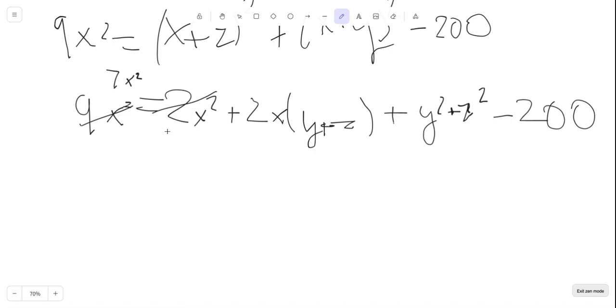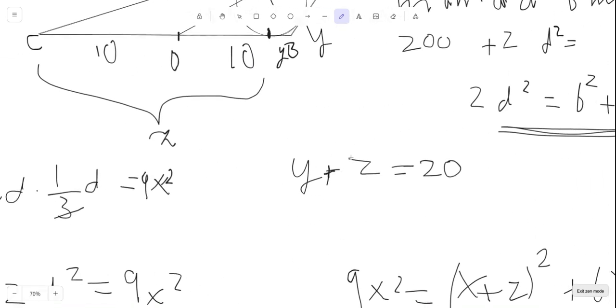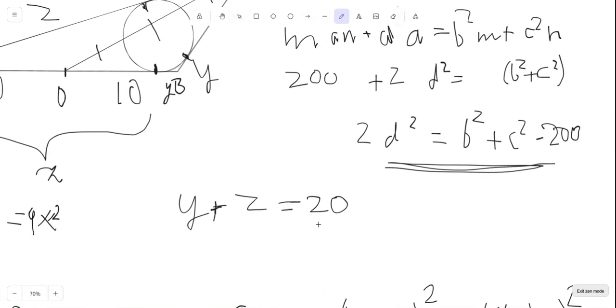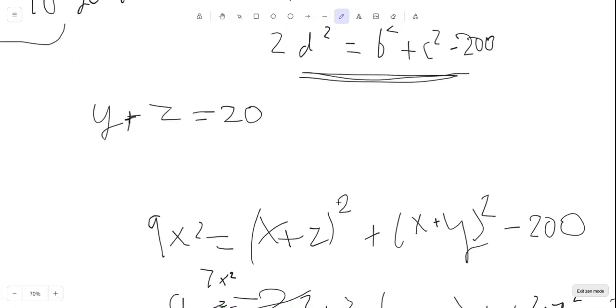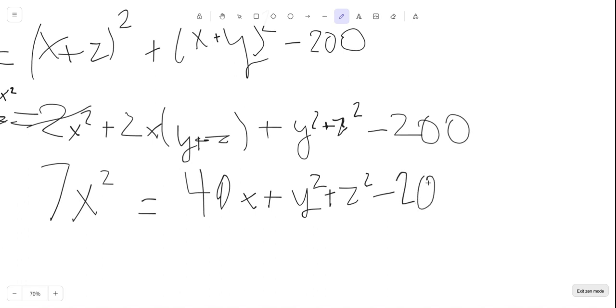So now we have 7x squared equals 2x times, now if you remember, this is the only equation we had with y and z, y plus z equals 20, so this makes it 2x times 20 is 40x, plus y squared plus z squared, minus 200.